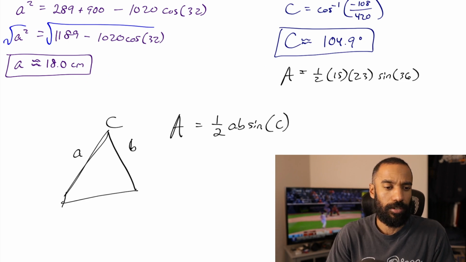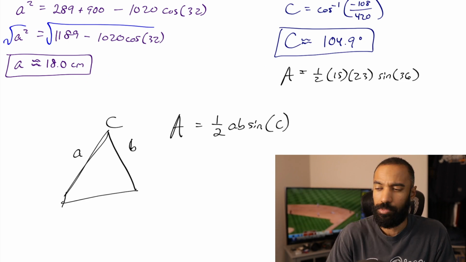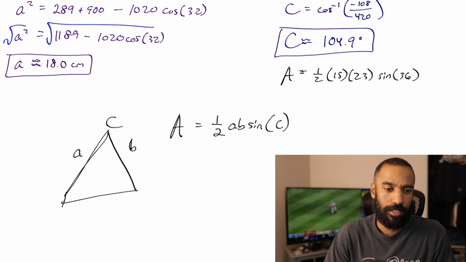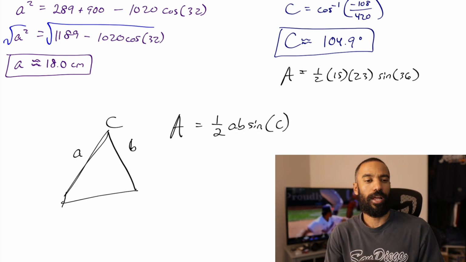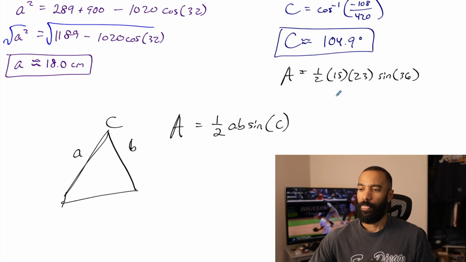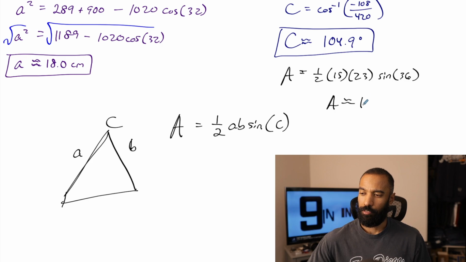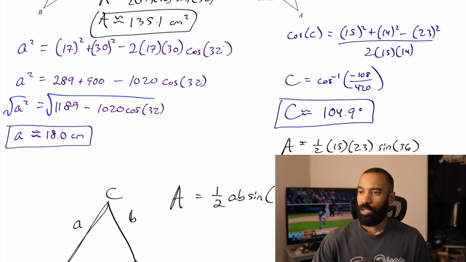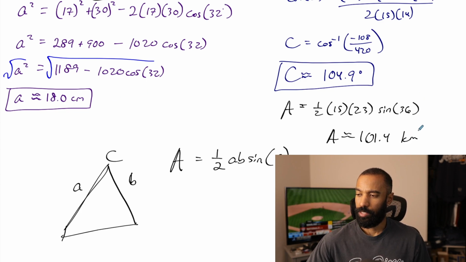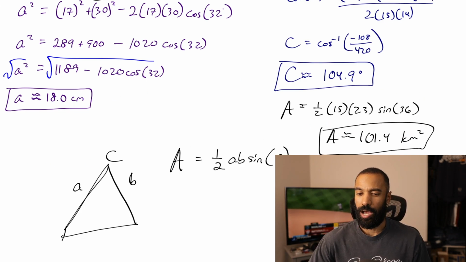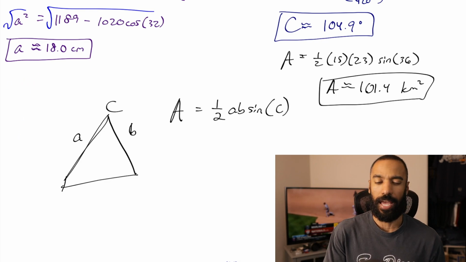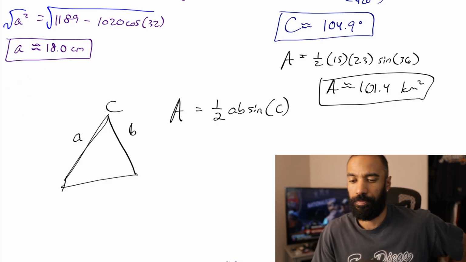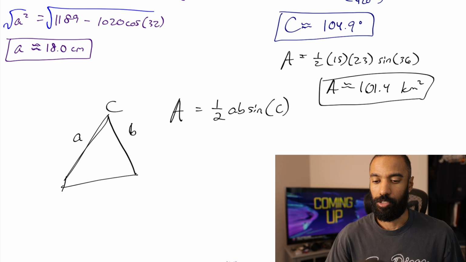That's going to be 0.5 times 15 times 23 times sine of 36, which is around 101.4 square kilometers. All right, that's the area talk on those four right there. And that covers up all the triangle ones I wanted to do. Questions? Okay, let's move on.